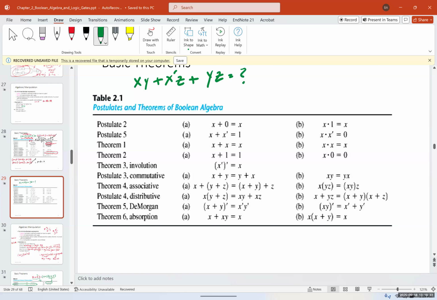We want to simplify this. Again, I'll give you a few minutes. And the first student to solve this gets extra points on their homework. Again, there are multiple ways to solve this one.